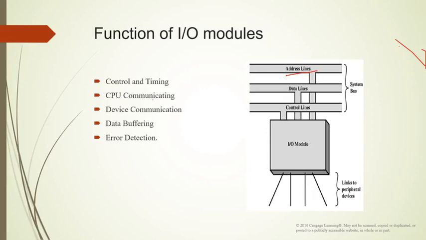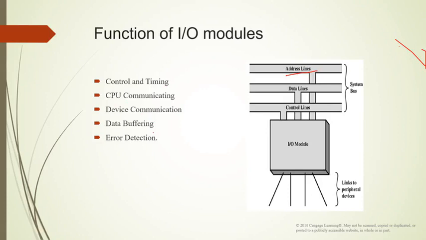Input-output devices: the speaker is working, the microphone is working, the display is working, the keyboard is working, everything is working together. So they want to control the time. Which one do you give high priority? So they control the time, and the CPU communicates with each and every device. Device to device, they are communicating.